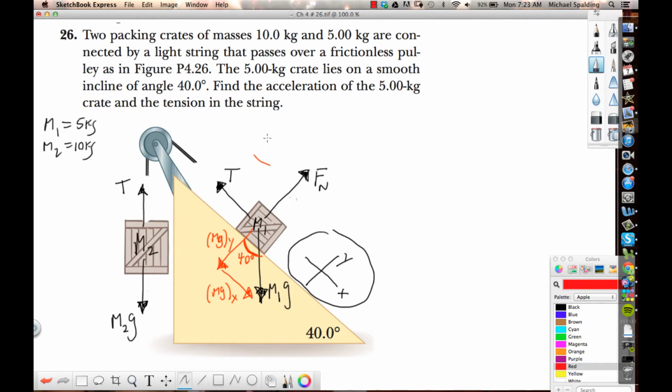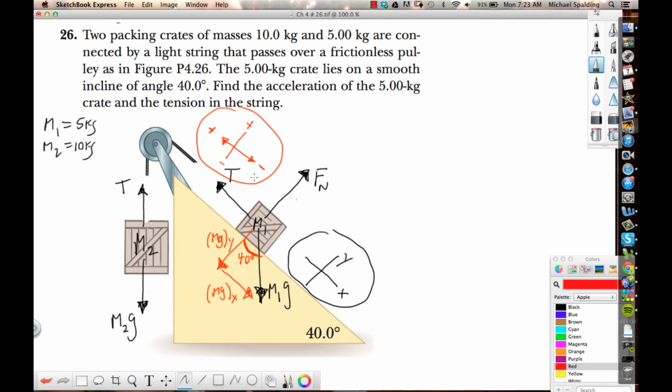It's hard to write at an angle. We say up the incline is positive, down the incline is negative. Make the direction of the acceleration positive. For the y direction, plus, minus, like that. So there's our sign convention.